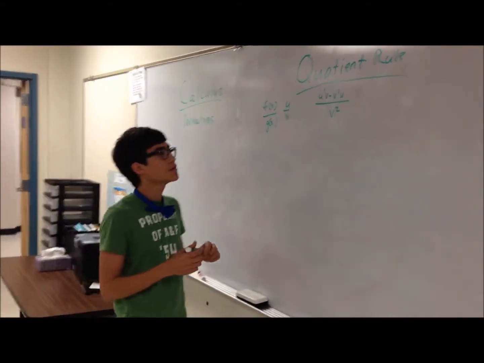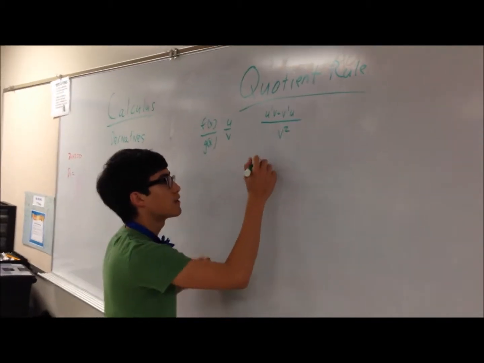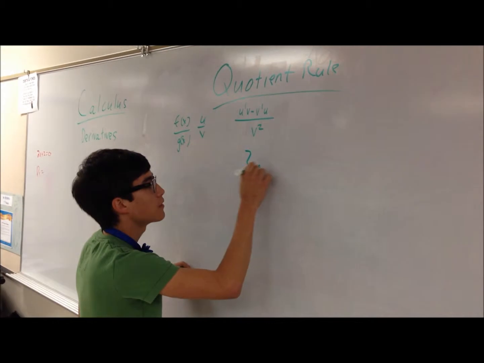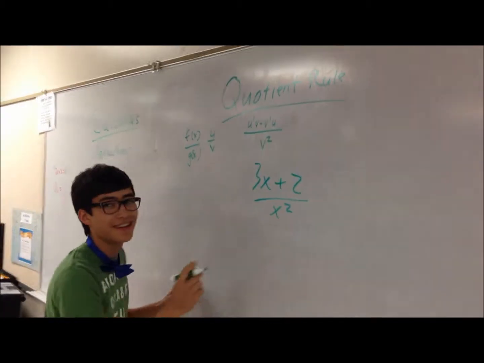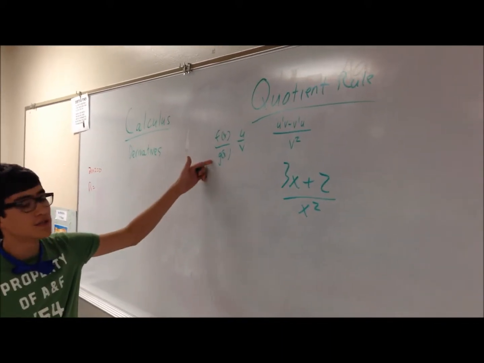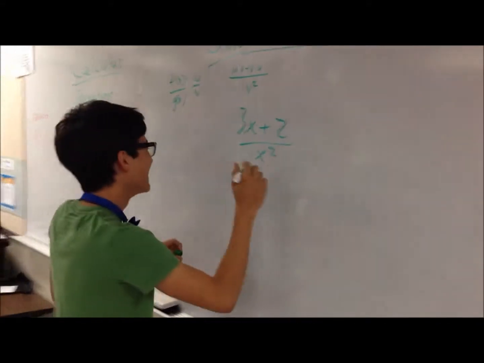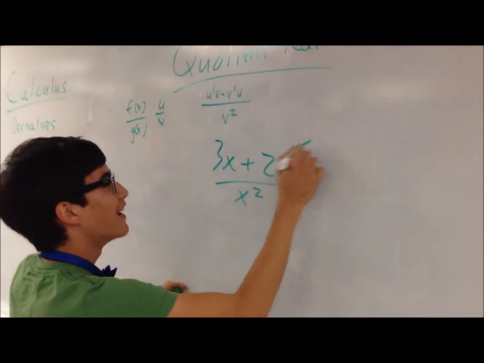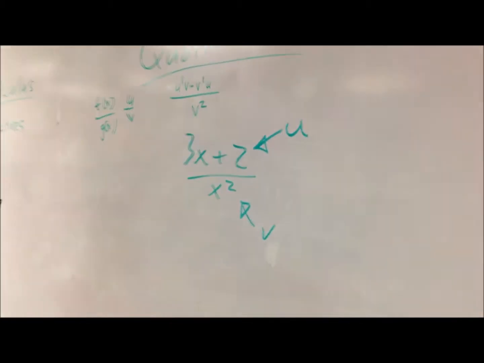Alright, so now we're going to do some problems about this quotient rule. Start off with an example: x plus 2 over x squared. This is in the format of f of x over g of x, this being the u and this being your v.